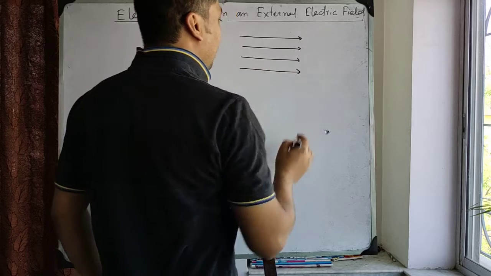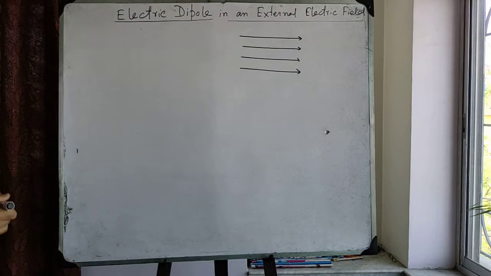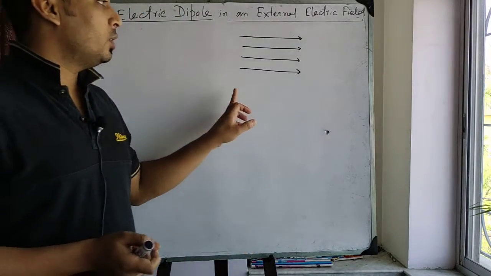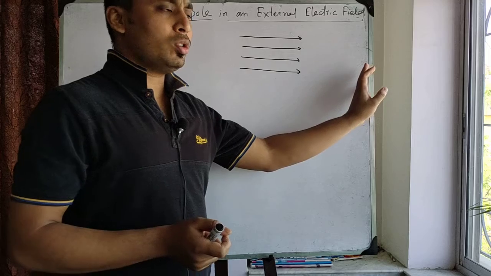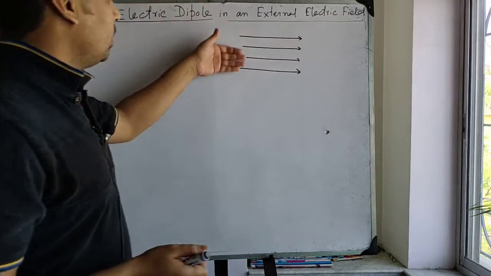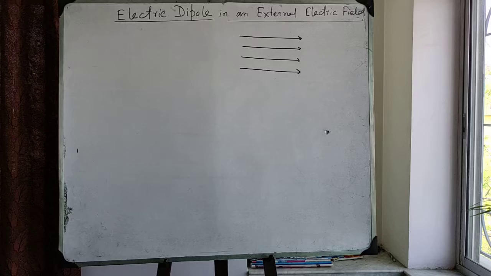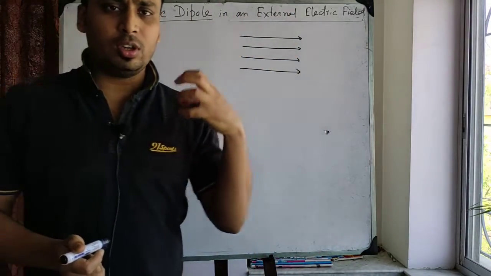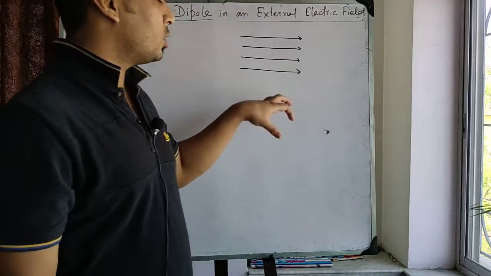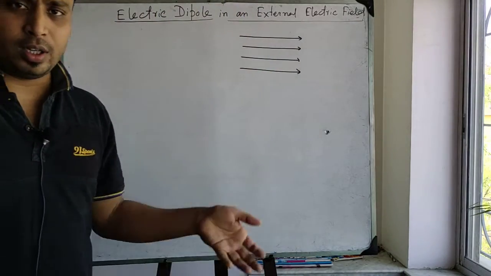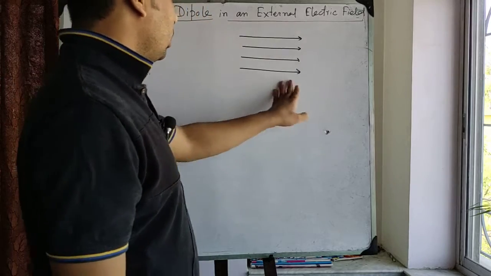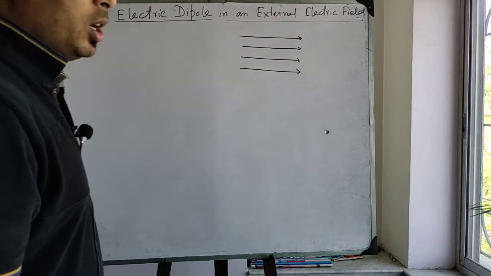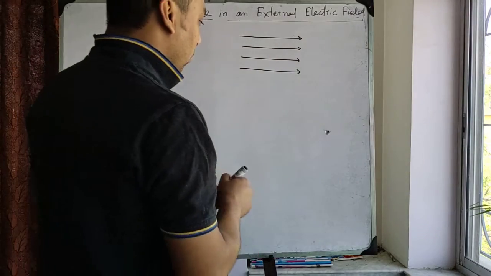They should be parallel and equidistant, because for a uniform electric field, the direction at all the points should remain the same, and also the relative separation between the field lines remains the same, because the flux density represents the magnitude. The density of the field lines denotes the magnitude of the electric field at any point, and the tangent drawn at any point will represent the direction of the electric field at that point.